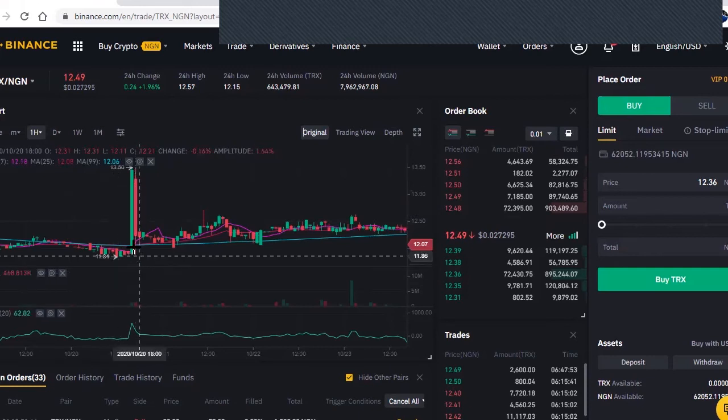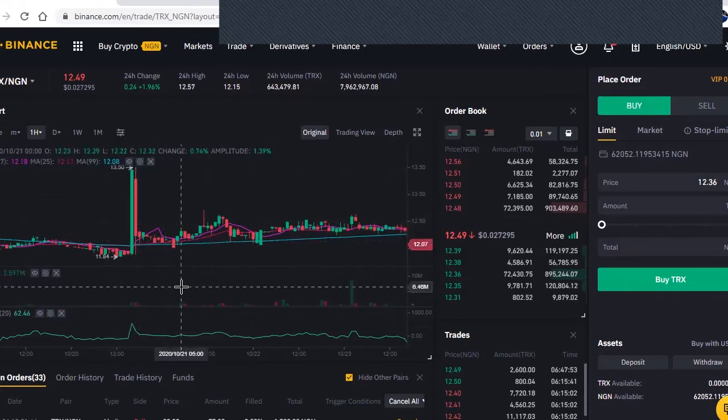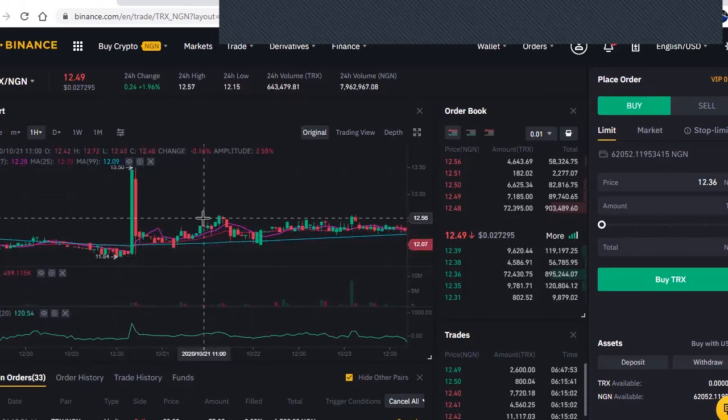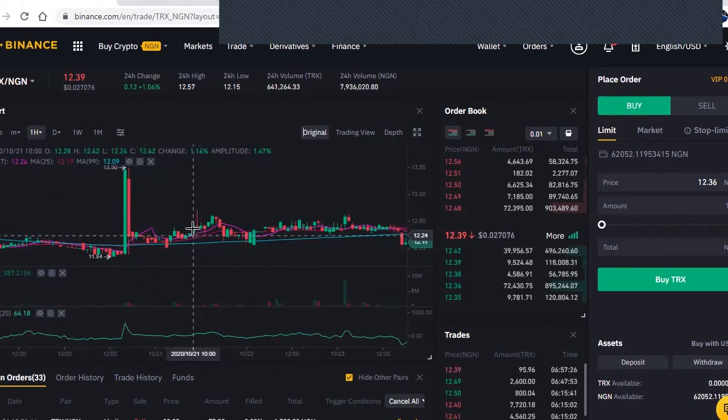Then you could see some tiny stuff here. For example, look at this now. Look at this tiny one. This is what we call a wick. You know, this is the wick. This is the body of the candle. So, like I said, this is the wick.